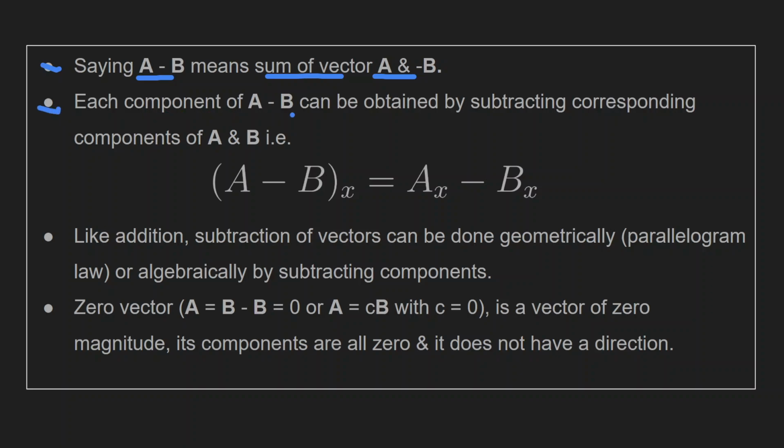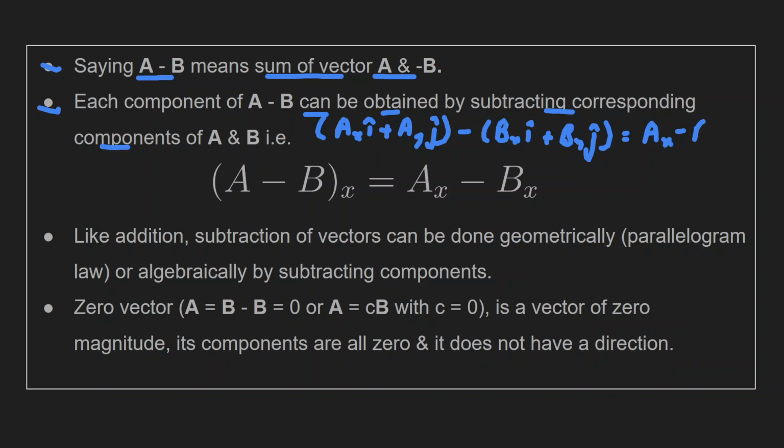Now each component of A minus B can be obtained by subtracting corresponding components, as we have seen in A plus B. So if we do so over here, this vector can be written as AX i cap plus AY j cap minus BX i cap plus BY j cap. So that is AX minus BX i cap plus AY minus BY j cap.